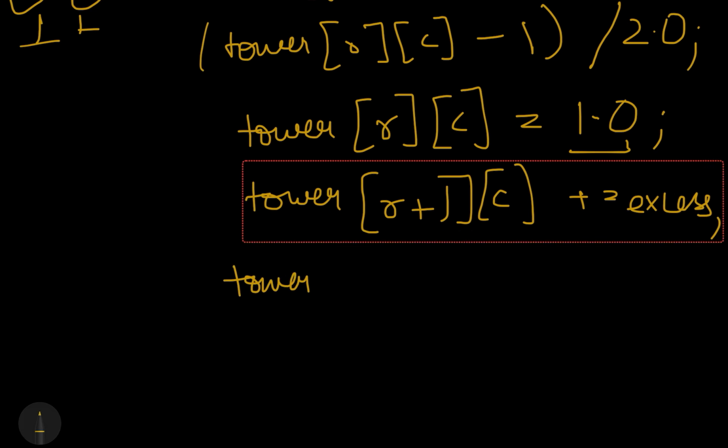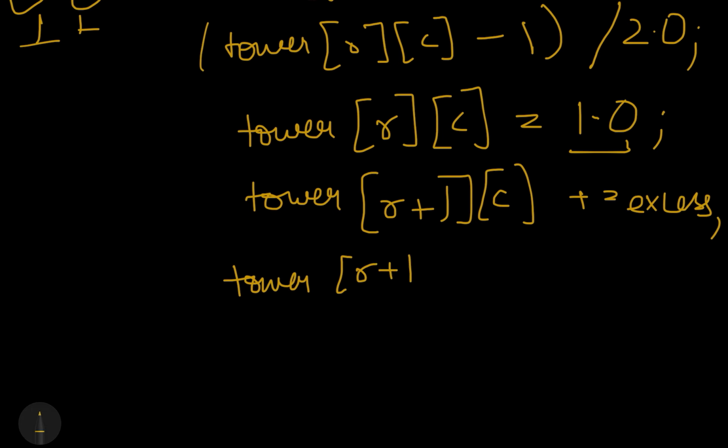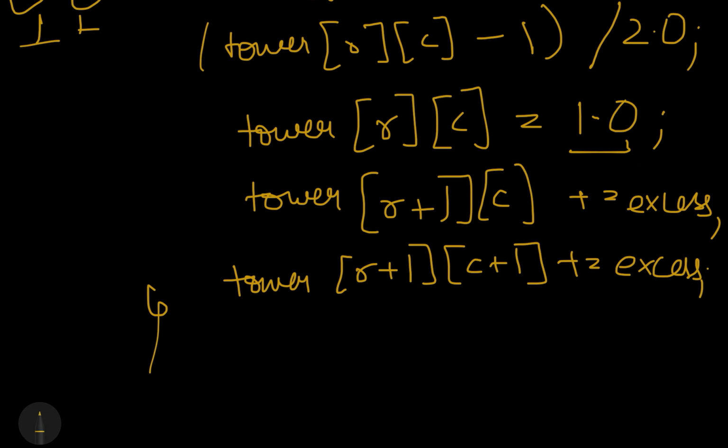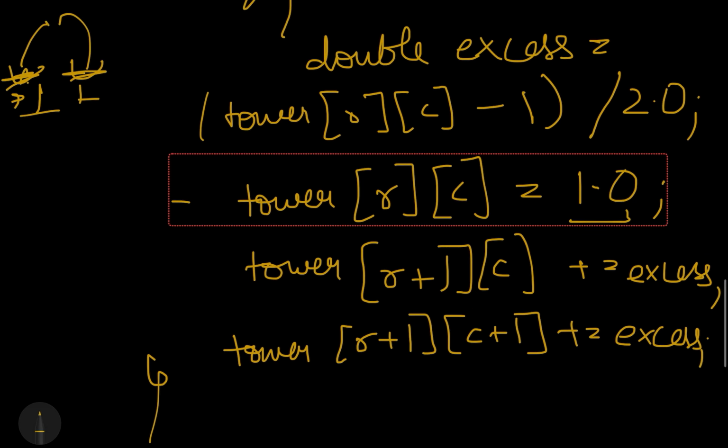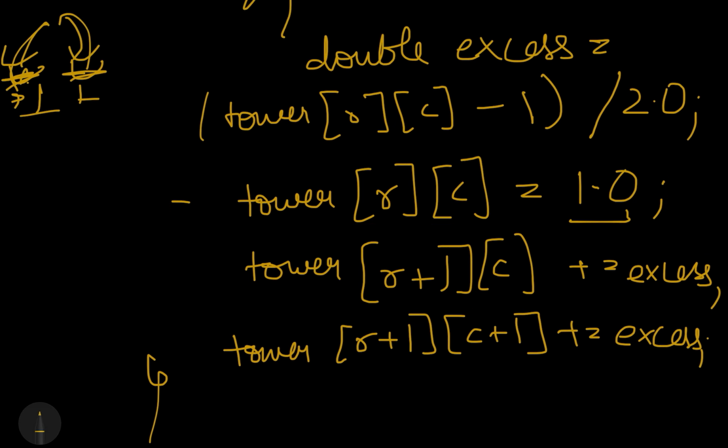Similarly, we'll add the excess champagne to the right one also, and in this way we can calculate. So when we go to the next row, the amount will be whatever it currently holds plus the liquid that is being poured into it.